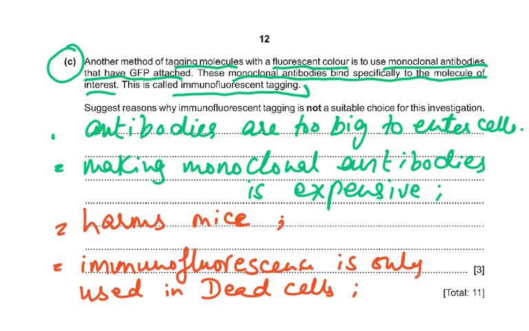But then of course you have to come up with a general thing. Whenever they say not suitable, then you have to find out the faults in that process. So harms the mice, and immunofluorescence is only used in dead cells. So any three out of these, and well, you could have got away with even 1 or 2 marks if you could just come up with something very sensible at that point in time when you're taking the exam.